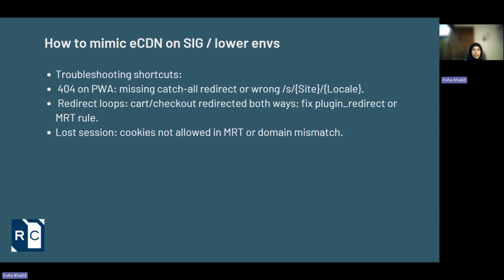You might get stuck in a loop because you haven't configured the MRT rules to match what you have on your redirect cartridge, and then you start ping-ponging: requests go to PWA Kit, and PWA Kit tells you to send it back to SFRA or SiteGenesis. In case you lost your session, or didn't have a cart that was persisting, that could possibly be because you did not allow cookies on your MRT.